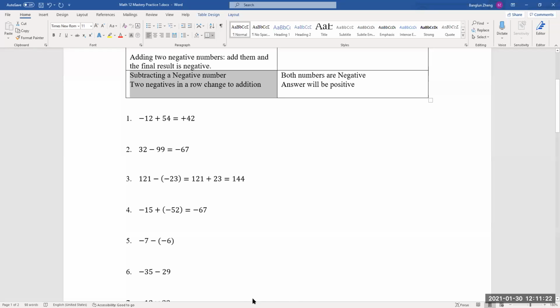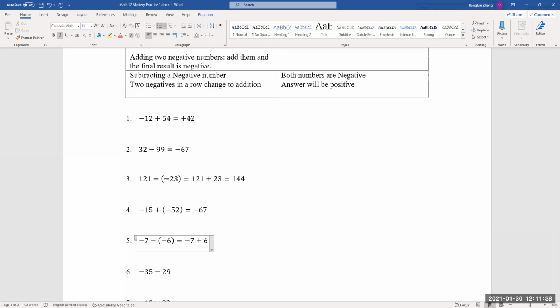So yes, we can. Negative 7 minus negative 6, you have a subtracting negative number. So the first thing you should do whenever you have this kind of problem is change two negatives in a row to a positive.